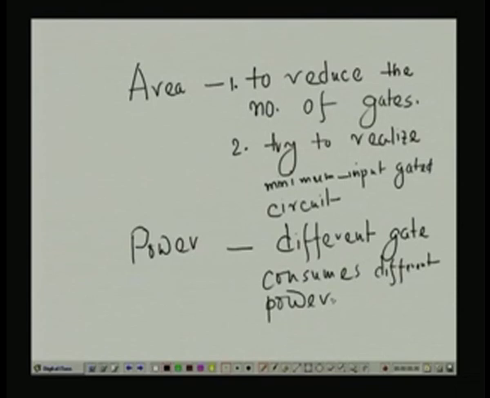So, if we see that XOR is consuming more power than an AND OR circuit, then depending on what type of application the circuit is being designed for, we will select that type of gates. So, mainly these are the two criteria for selecting the gates for different types of circuit realization.